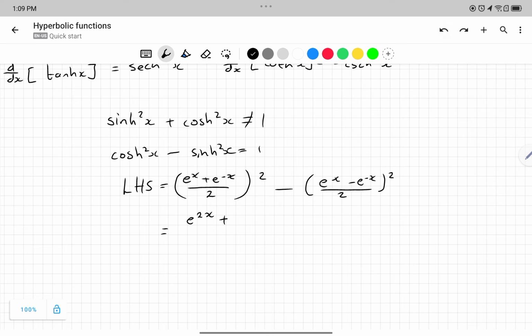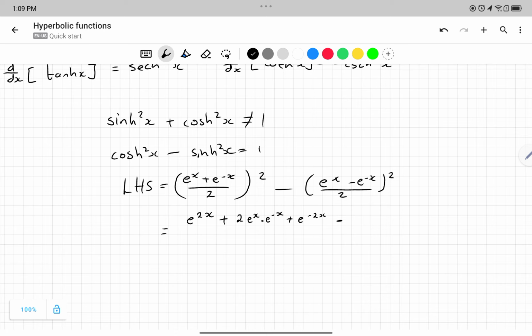After you've multiplied them, you times them by 2, so you get 2 e to the exponent of x times e to the exponent of negative x. And then you square the other one, so it's plus e to the exponent of negative 2x. This is all over 4.